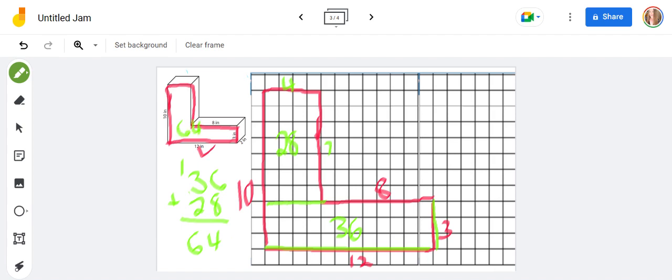Now, I have to look back here at my prism. There's one number that I did not use yet. I used the 12, I used the 3, I used the 10, I used the 8. But you'll notice I did not use the 2 yet because that's the height of my prism. So I have the base.